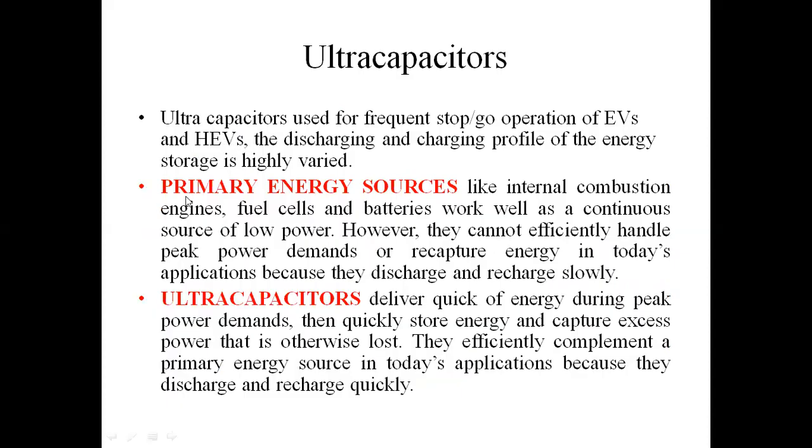Next, the second energy storage system is ultra capacitors. The ultra capacitors are mainly used for vehicles with frequent stop and start operation. Usually with ultra capacitors, the discharging and charging profile of the energy storage is highly varied. The primary energy sources like internal combustion engine, fuel cells and batteries work well as a continuous source of low power.